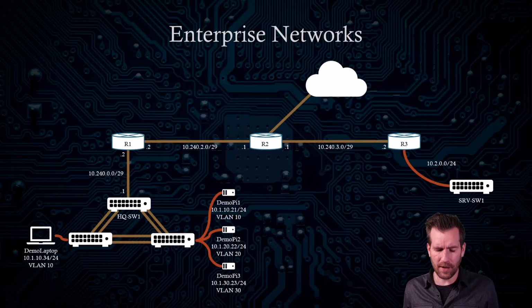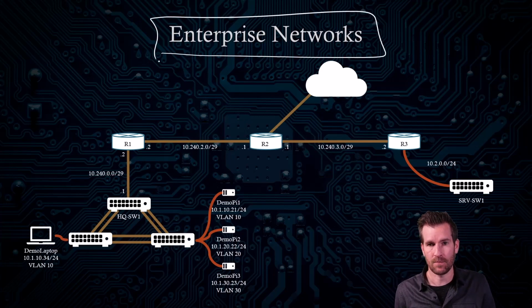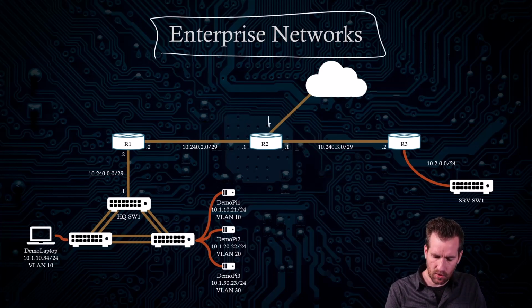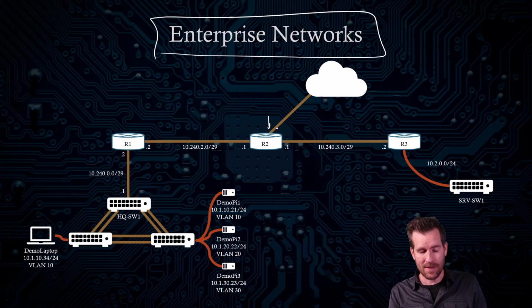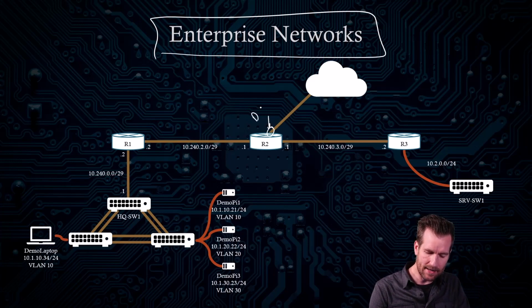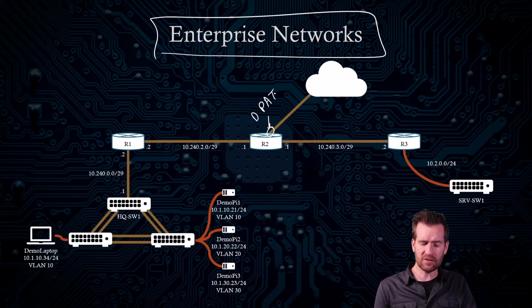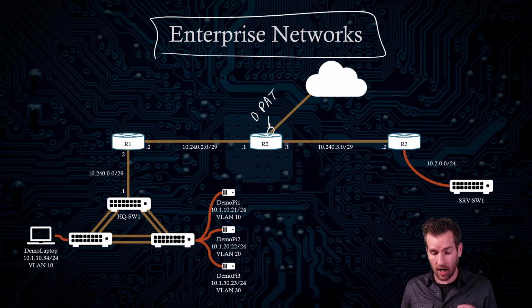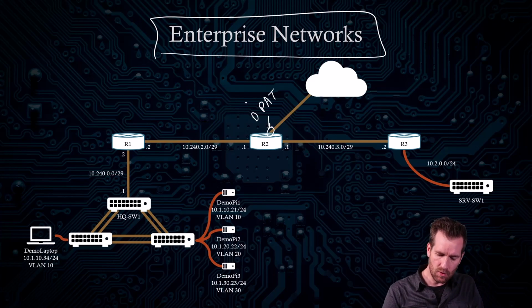So what do enterprise networks use out there? Well, first of all, they're getting some sort of IP address or an IP address range that they're allowed to use on their router. And then you would set up a dynamic PAT. Most of your enterprise networks are using dynamic PAT, but they also have some sort of static PAT or NAT that's being used for their server network.